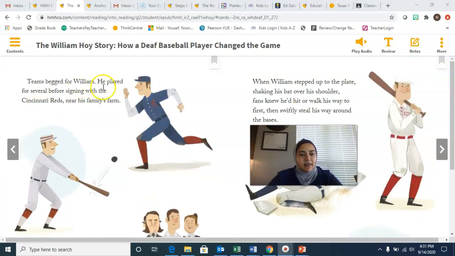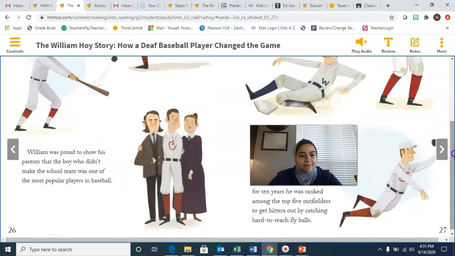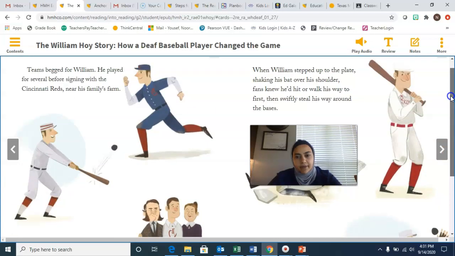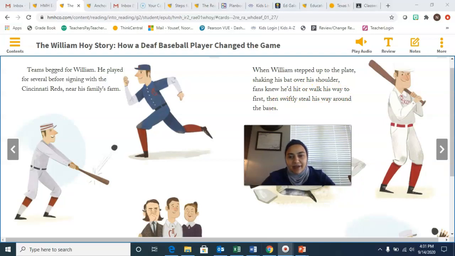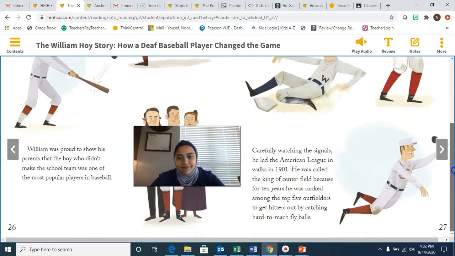Teams begged for William. He played for several before signing with the Cincinnati Reds near his family's farm. William was proud to show his parents that the boy who didn't make the school team was one of the most popular players in baseball. When William stepped up to the plate, shaking his bat over his shoulder, fans knew he'd hit or walk his way to first, then swiftly steal his way around the bases.